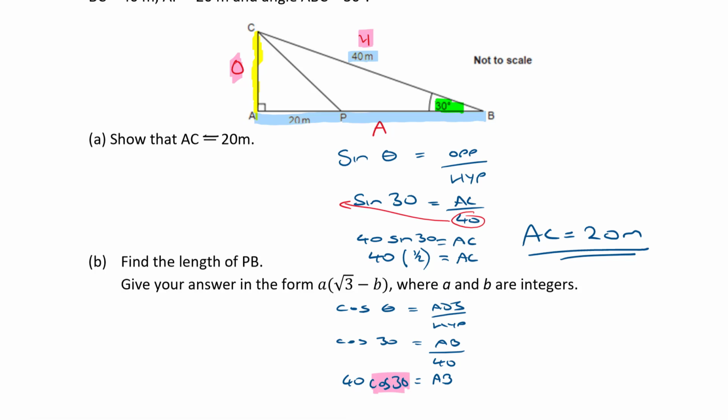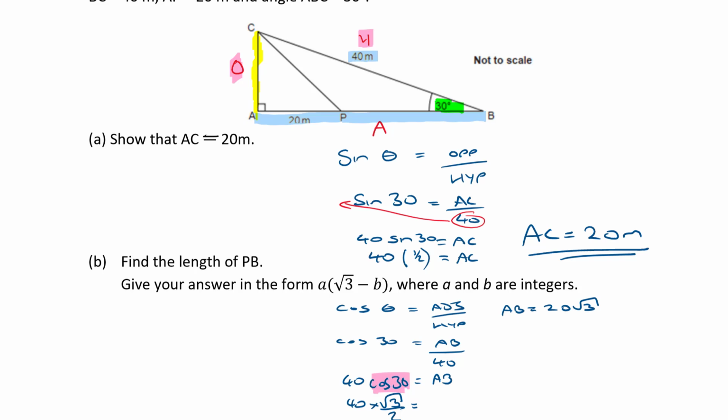So subbing in root 3 over 2 for cos 30, root 3 over 2 times 40 is AB then. So half of 40 is 20, so AB is 20 root 3 then. So AB is 20 root 3.